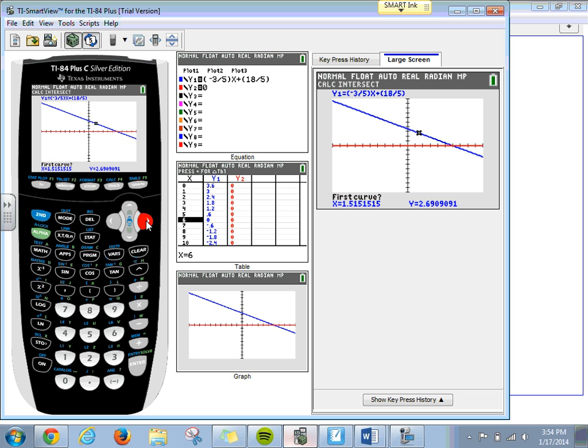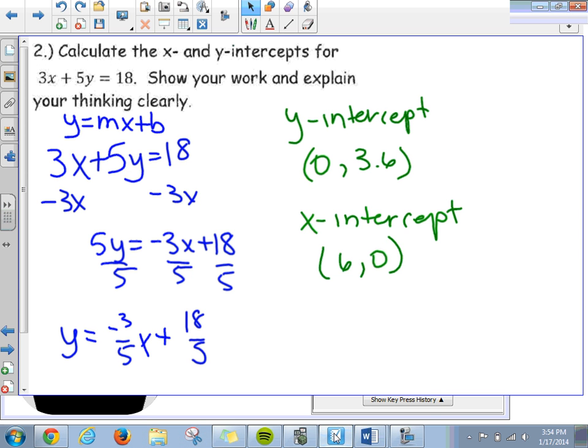Right now it's on my first equation, that blue line. So I'm going to get it as close to that red line as I can. Hit enter. And then with my red line, I'm going to get it as close to that blue line as I can. Hit enter. We'll hit enter again, and we'll see that we have an intersection at the point 6, 0, which we found using our table the first time around. So that's how we can use our table or our calculators to find x and y intercepts.